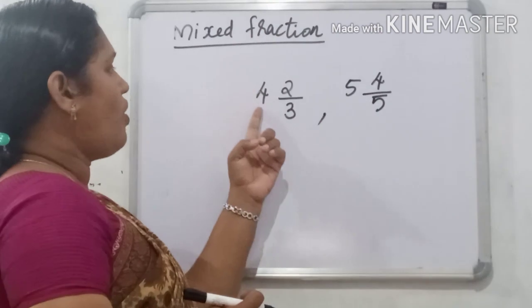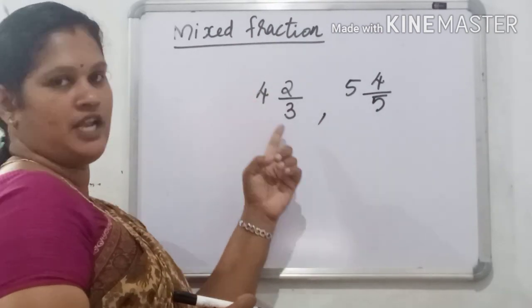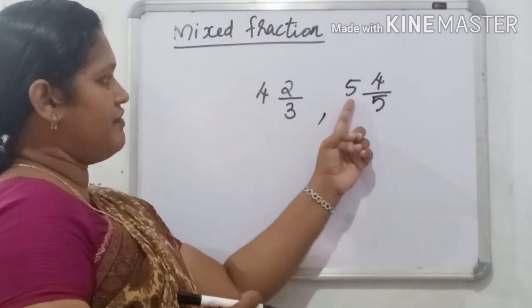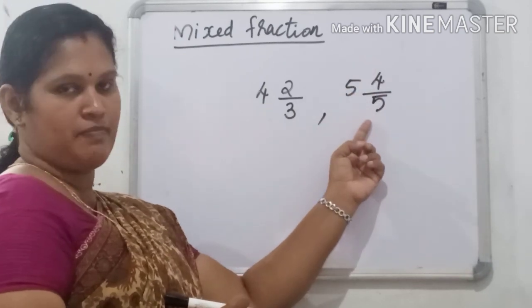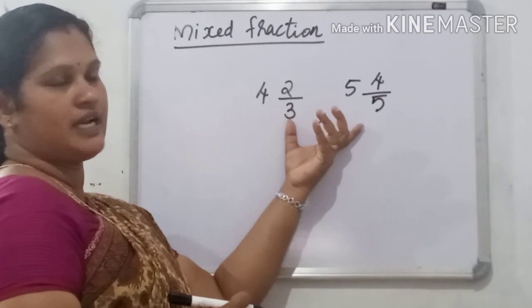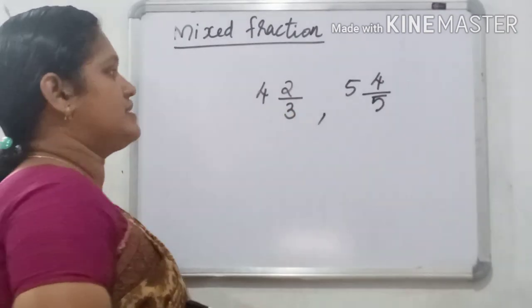Here, 4 is the whole number part and 2 by 3 is a fractional part. Here also 5 is a whole number part and 4 by 5 is a fractional part. This type of fractions are called mixed fractions.